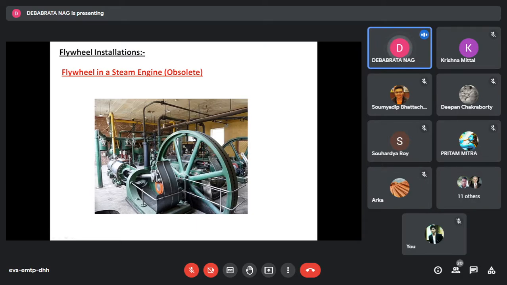It looks like a big pulley, and it is actually considered to be a big pulley. So this is the case of this flywheel.